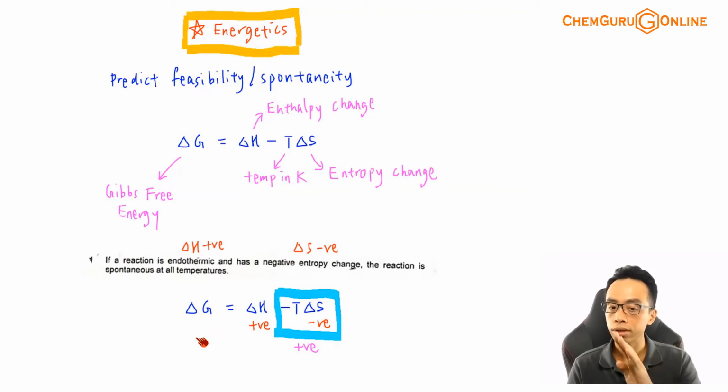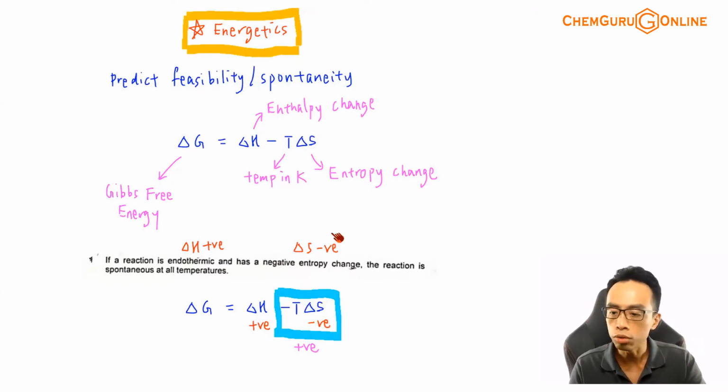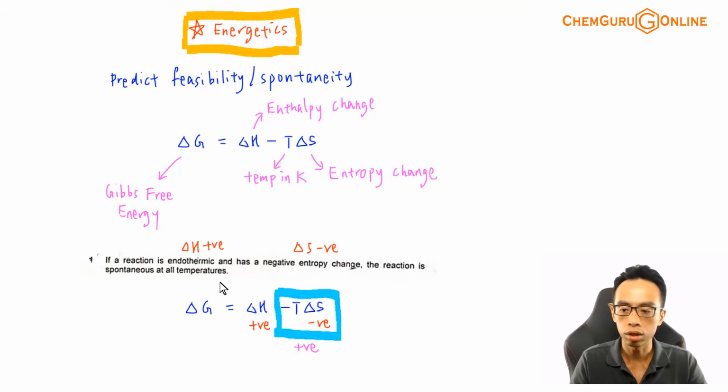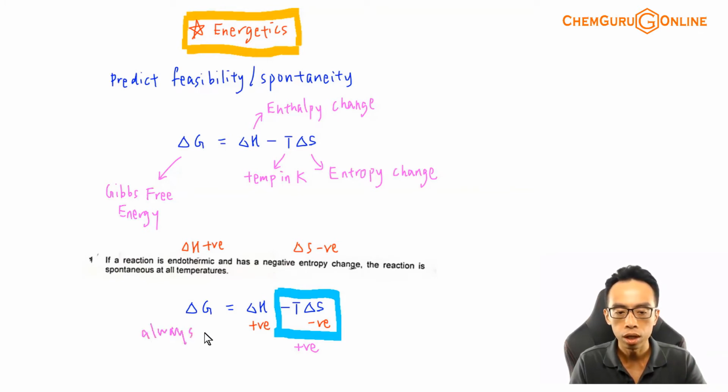So now you notice this delta G is made up of two terms, a positive term for my delta H, another positive term for my minus T delta S, which means that this delta G term will always be positive because it is a positive term and another positive term. So this term will always be positive, and therefore the reaction will never be feasible.